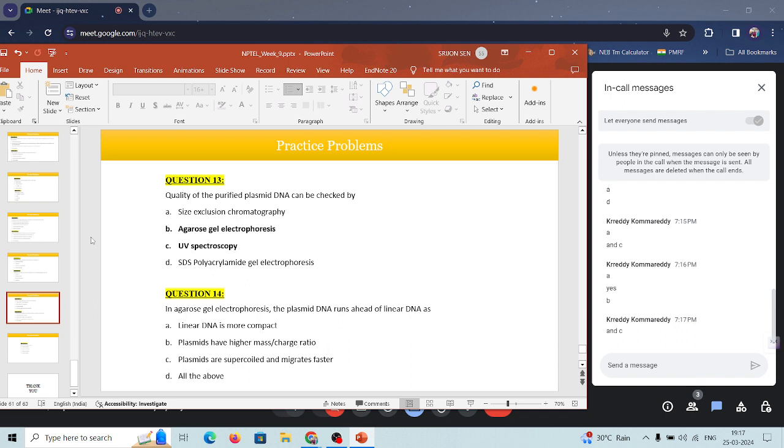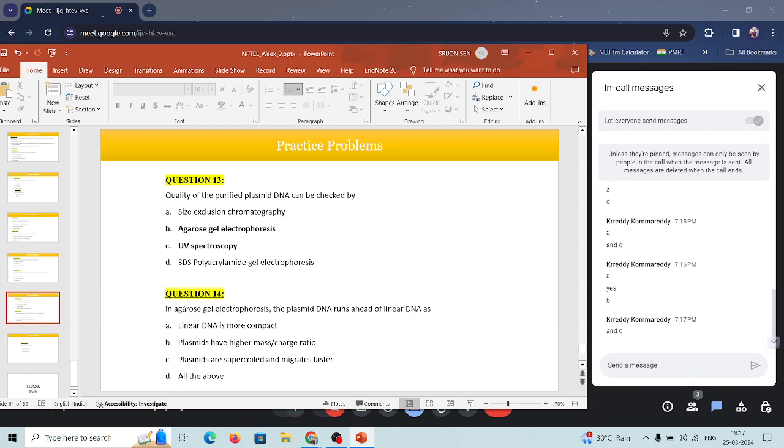So the 260 by 280 ratio is very important for checking if there is any protein contamination. A better ratio provides us valuable information about the purity of the plasmid DNA. So agarose gel and UV spectroscopy.